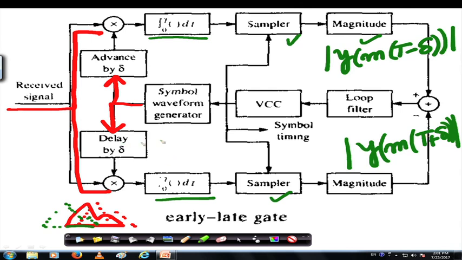We are delaying, that is why we have a plus, we are advancing, that is why we have a minus. Then we compare these two and feed it to a loop filter and the voltage controlled clock, which will generate the symbol timing. That way you can use the early late gate recovery and find the exact value of timing.